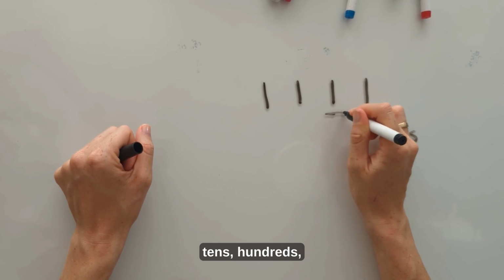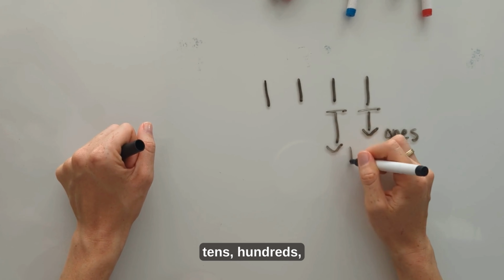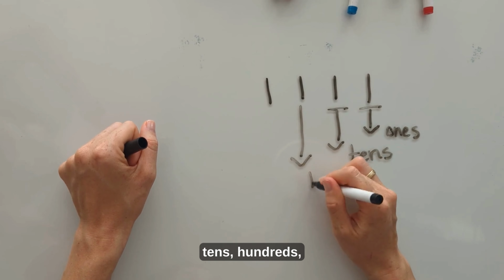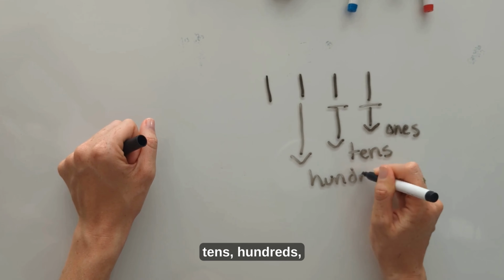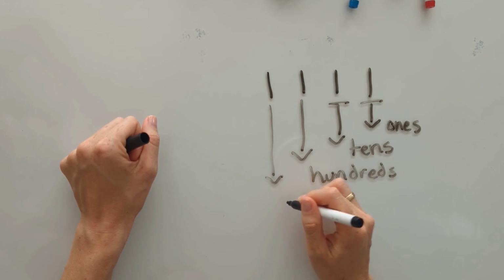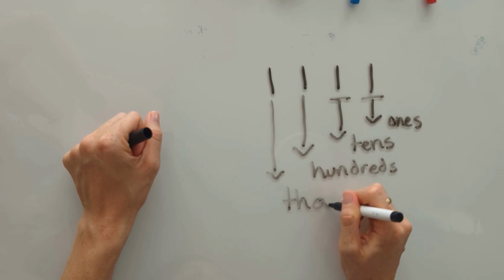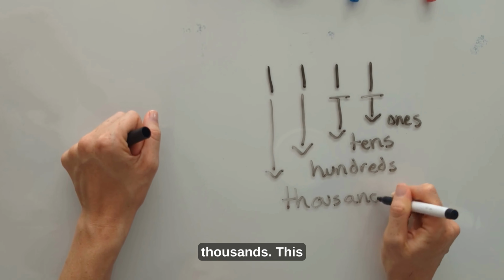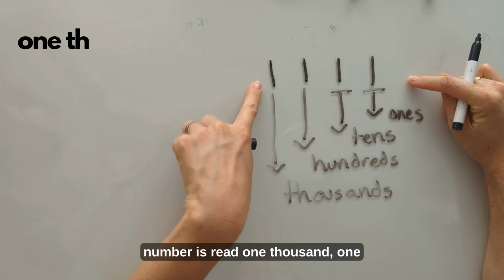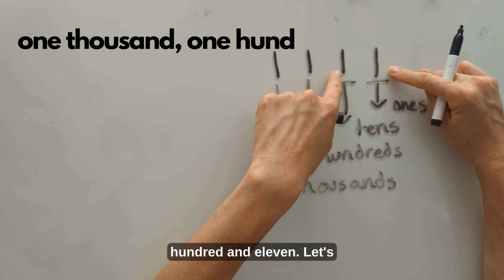Ones, tens, hundreds, thousands. This number is read 1,111.